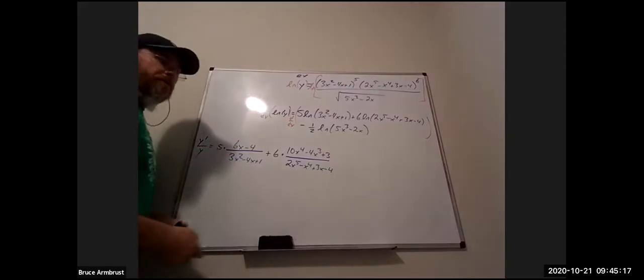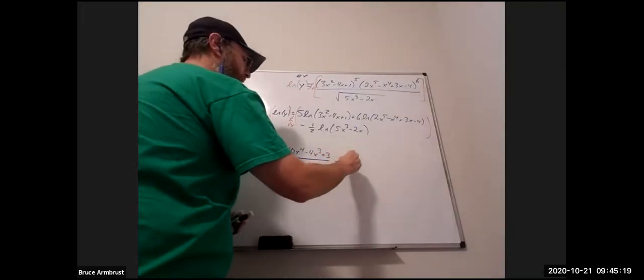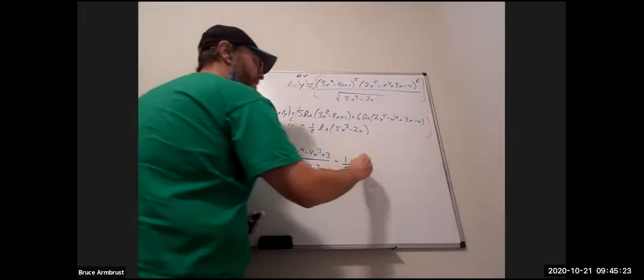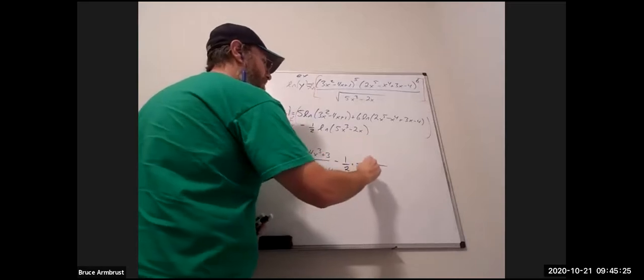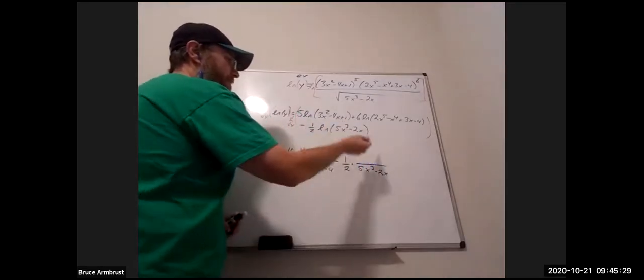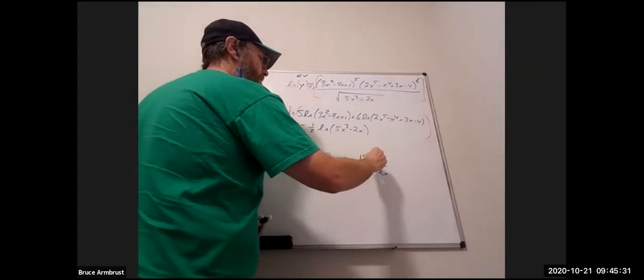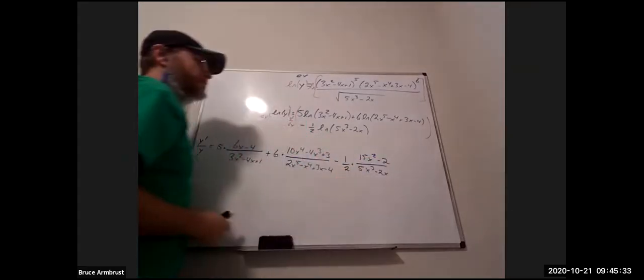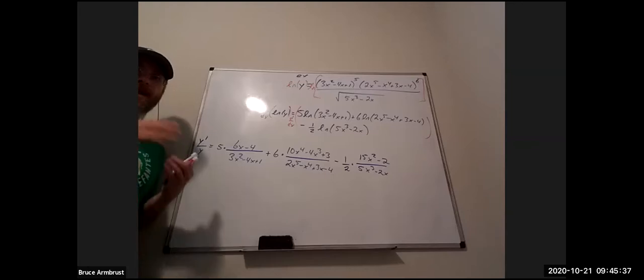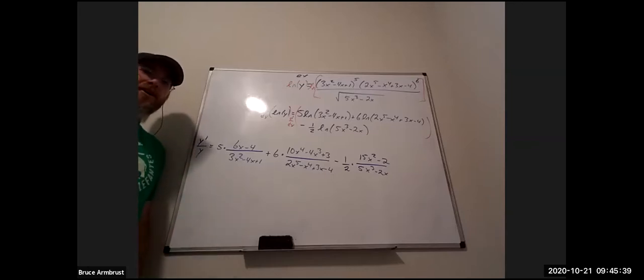All right, now we move to the next piece. It's going to be minus 1/2 times, same deal. It's a log. So the bottom gets what's inside. The top gets its derivative. And there you go, ladies and gentlemen. We are done differentiating.